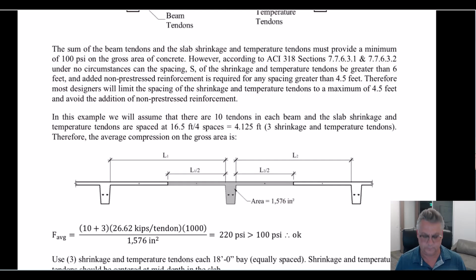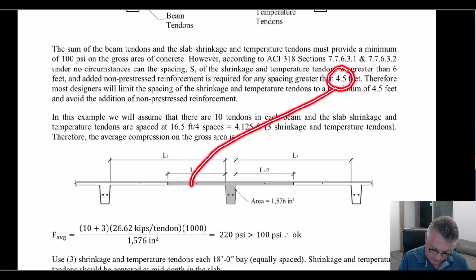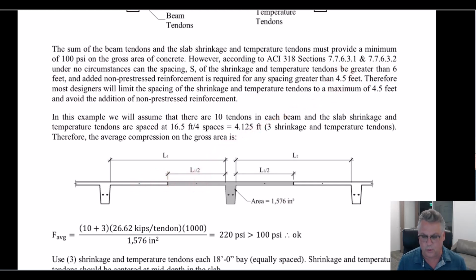Okay. The code actually requires that temperature and shrinkage post-tensioning not be spaced any farther than 4.5 feet. If you go more than 6 feet, you have to add bonded reinforcement.